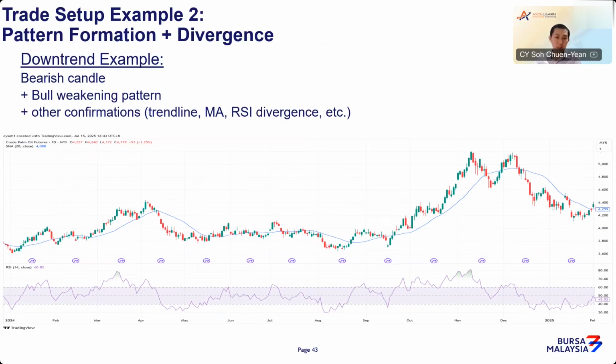First, we want to look at a confirmation candle, and whether there is a bullish weakening or not. The criterion for using a reversal pattern is that there has already been an uptrend for a very long time. The next thing you need to do is find a bearish pattern, or a bull weakening pattern, and then confirm with an indicator.